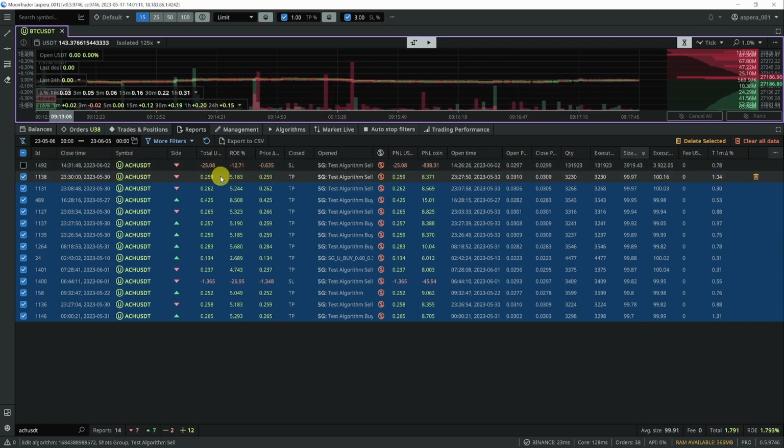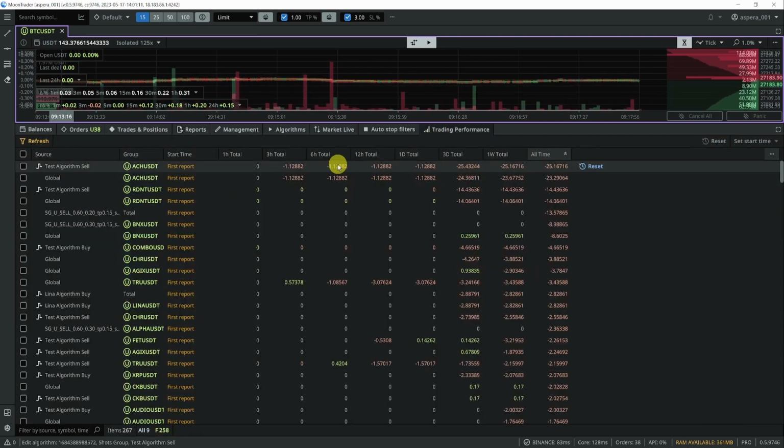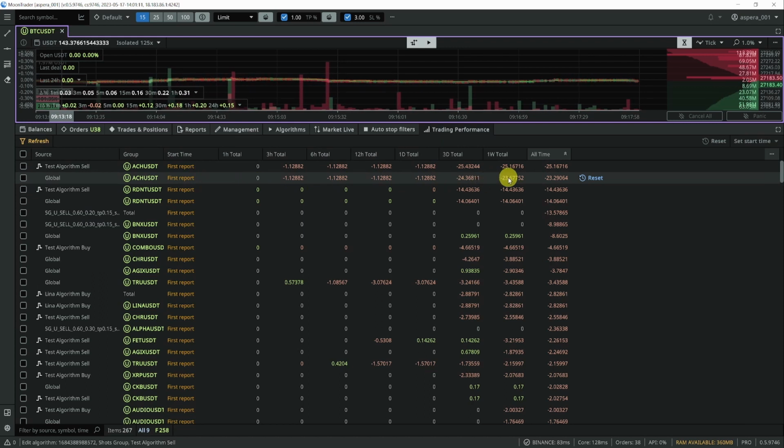And that's exactly what I was talking about before. It overshadowed all the remaining performance with decent order sizes. So this is not really indicative that ACH with this particular algorithm on this market is a bad coin. We'll leave that in.